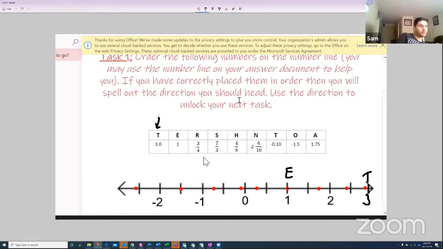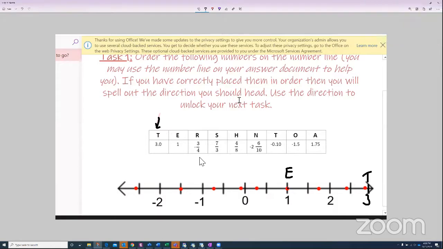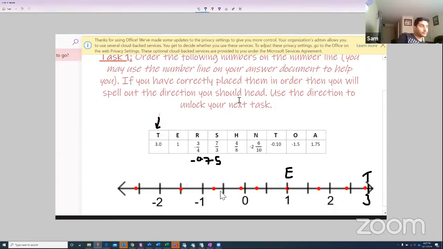So this is 0.5 right here, and this is a 1. And in between the 1 and 0.5, we have 0.75. So R lies on this point right here.